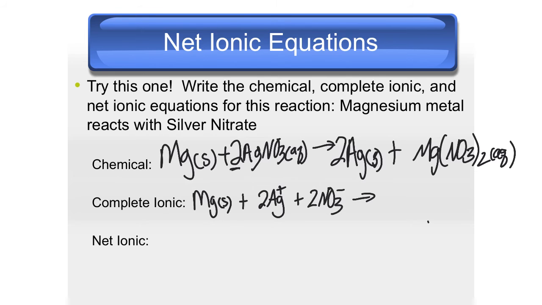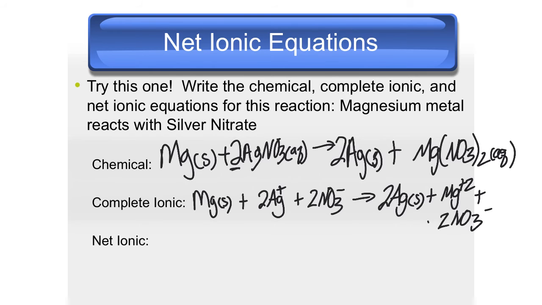And then again, silver on the right side is a solid, so we do not change it. We leave it the way it is. And now we've got magnesium is aqueous, and nitrate, there are 2 of them, is also aqueous. So we rewrite those as ions.